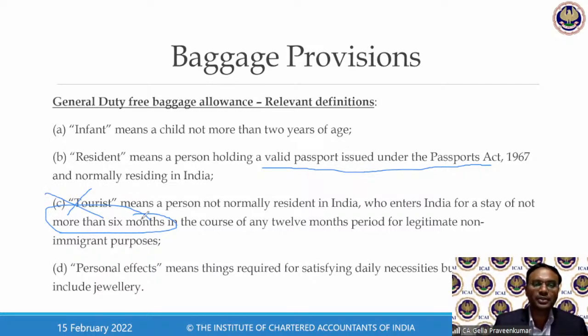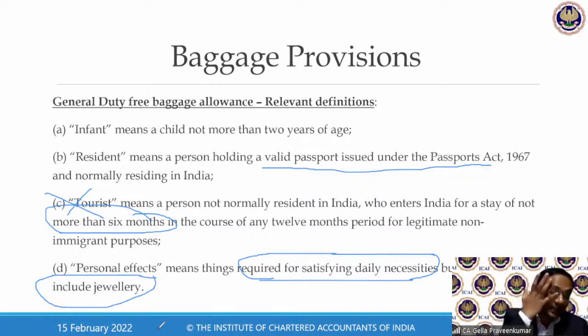Tourist should be a person who stays not more than 6 months in the course of any 12 months period, for legitimate non-immigrant purpose. Personal effects means things required for staying, daily necessity, but does not include jewelry. Look at here. Now, in India, jewelry is one of the essential commodity for women. But they say jewelry is not a personal effect. All other than jewelry is your personal effect.